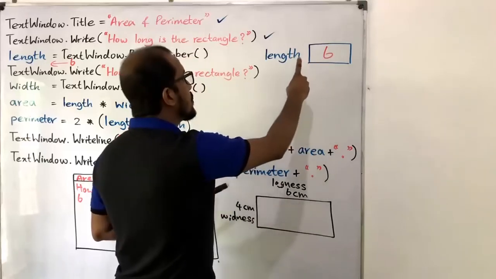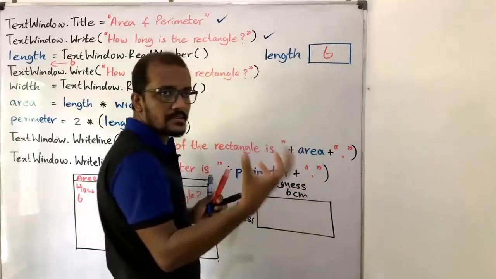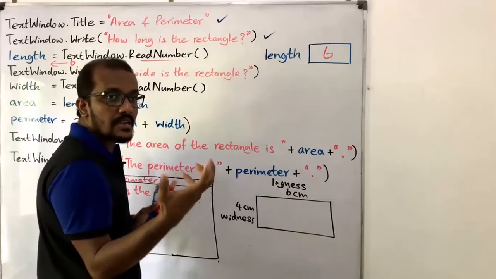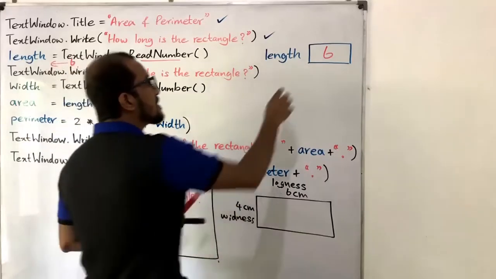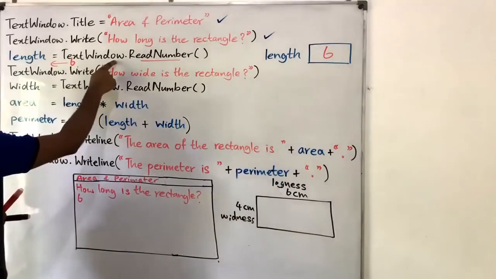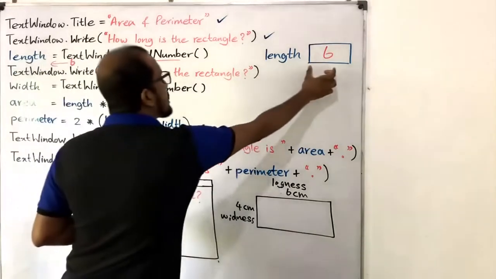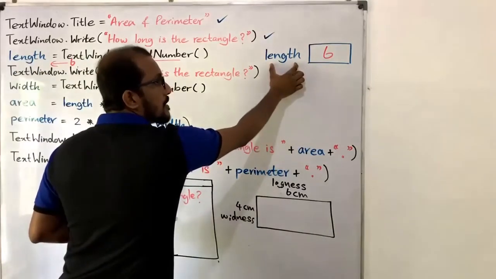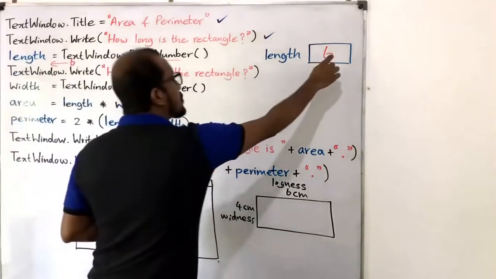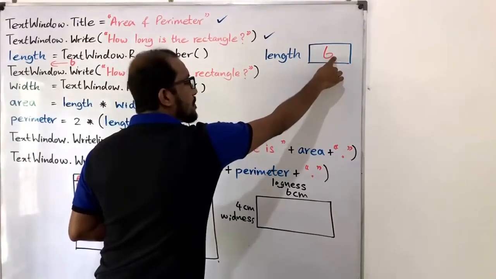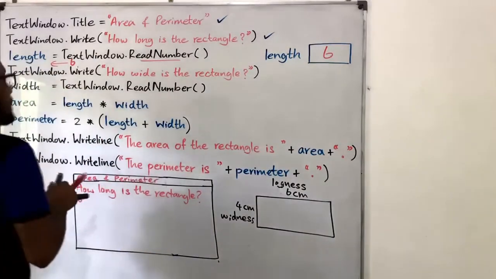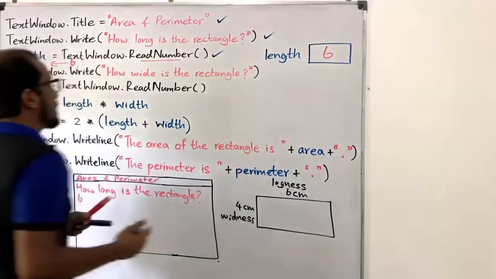This value may be a numerical value, or a text value like a word or sentence. So here it's a numerical value. When this statement executes, a memory space under the name length is created and the value 6 is stored in it. Now this is also finished.